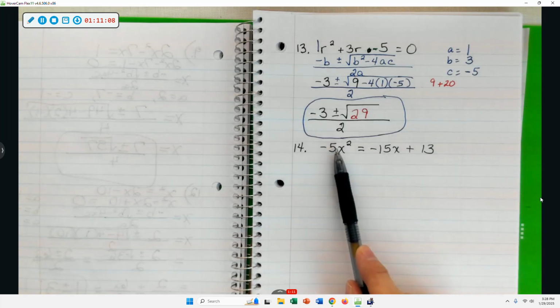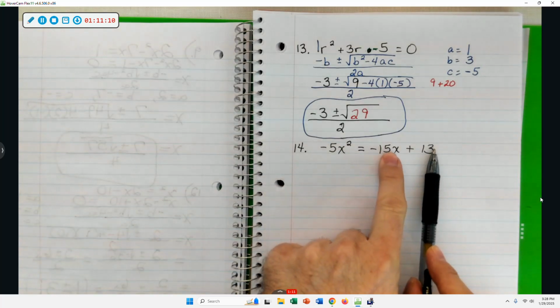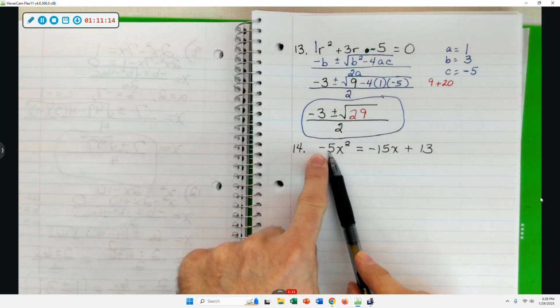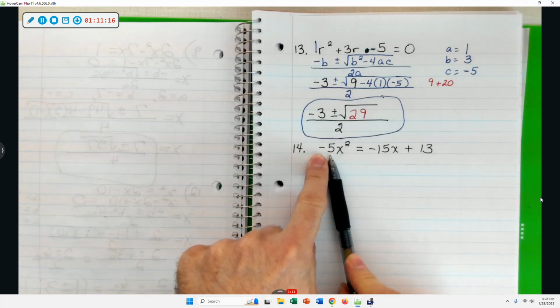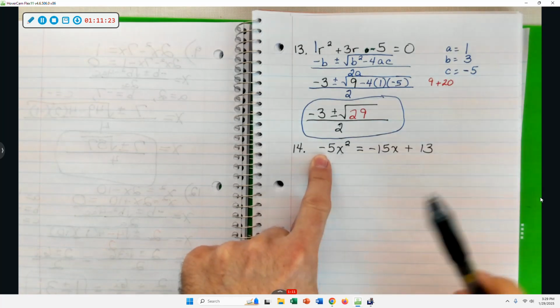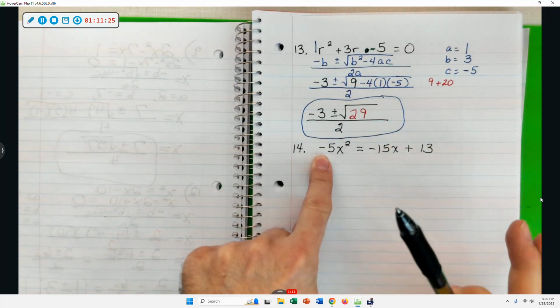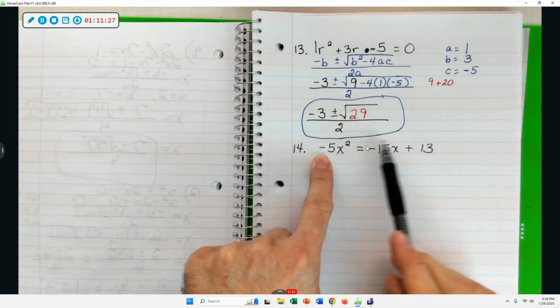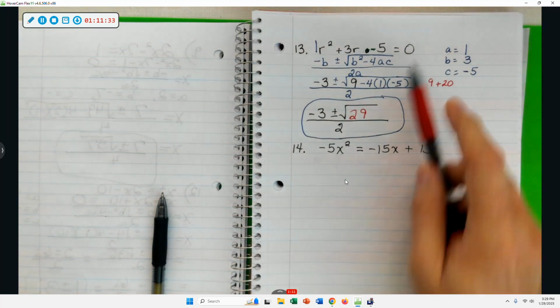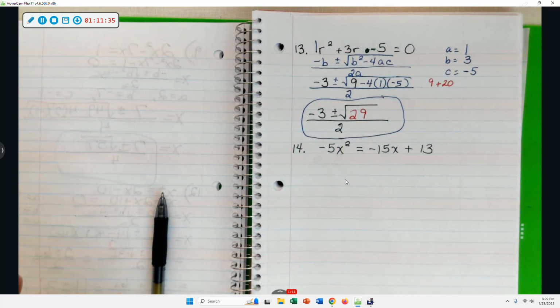And if I take all of this stuff and move it to the left, we're going to have a negative a. It's always, always best for a to be positive, whether you're factoring it or using the quadratic formula. So in order to get a 0, usually we get 0 on the right, but sometimes you just got to get the 0 on the left.